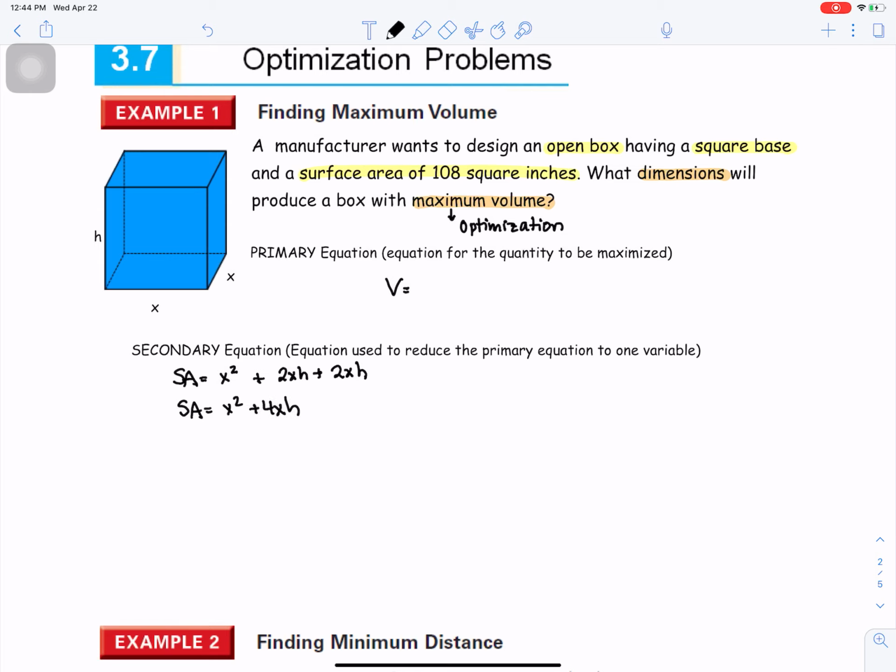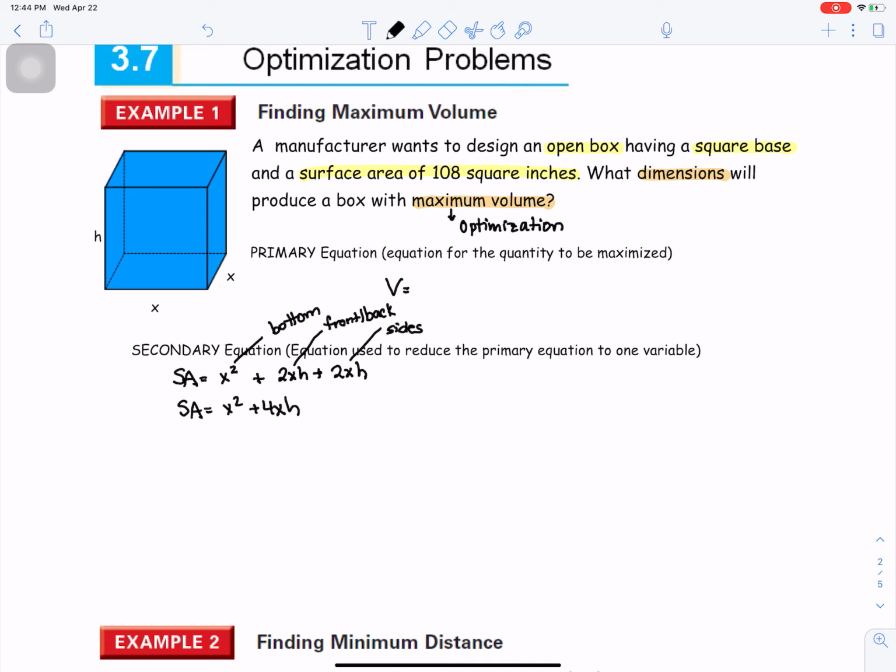And this happens to be this formula in this case because we have a square base, but sometimes the sides can have a different relationship than the front and back. And then because we have an open top, we don't need another x squared for the top. We just need the surface area of the bottom, which is 1x squared.